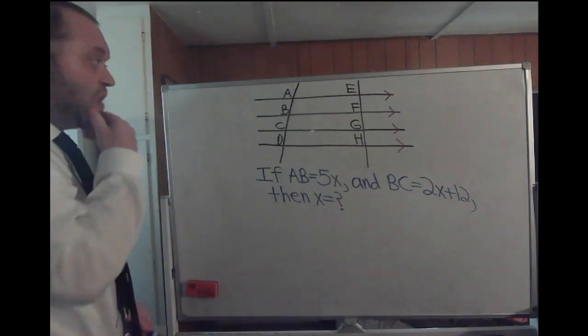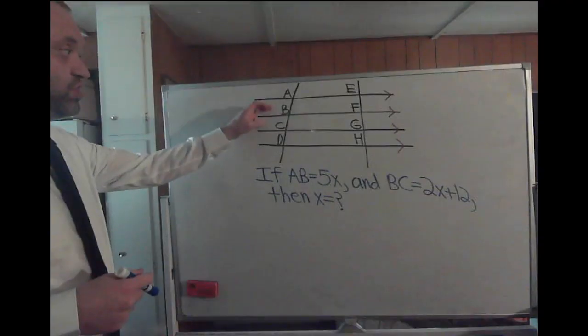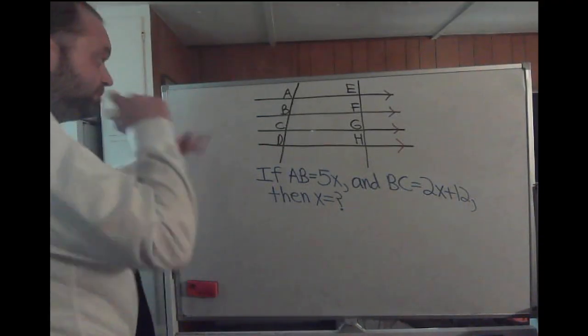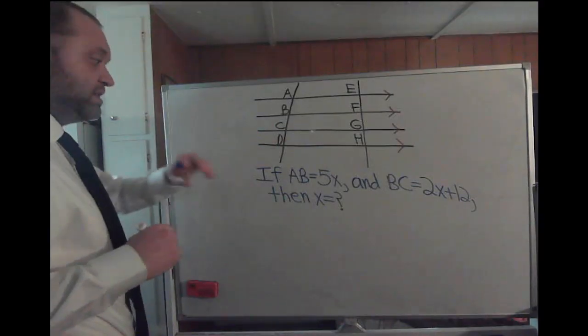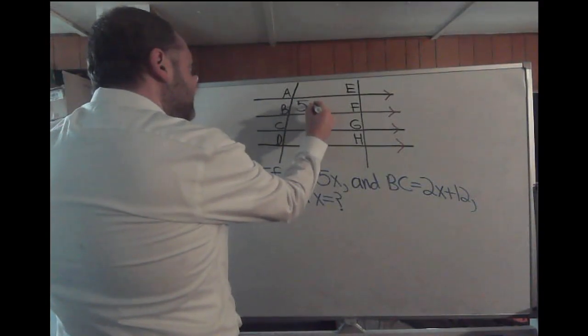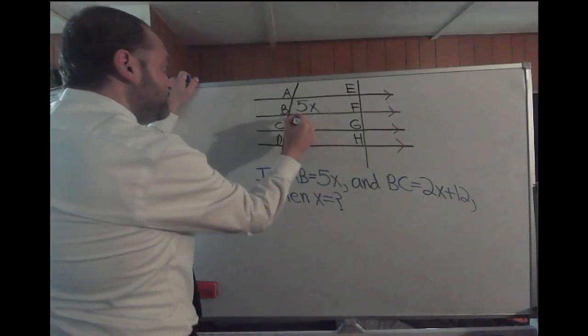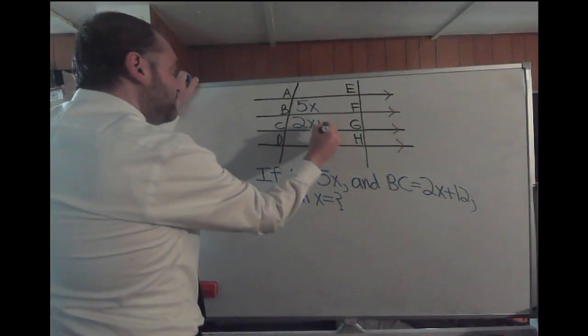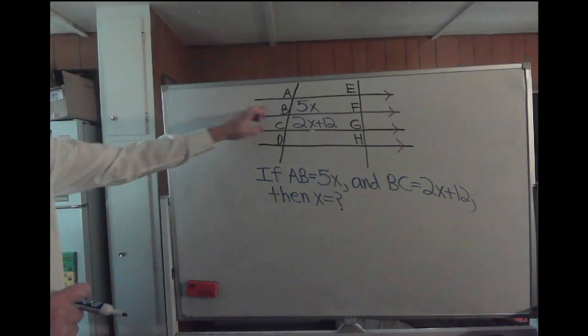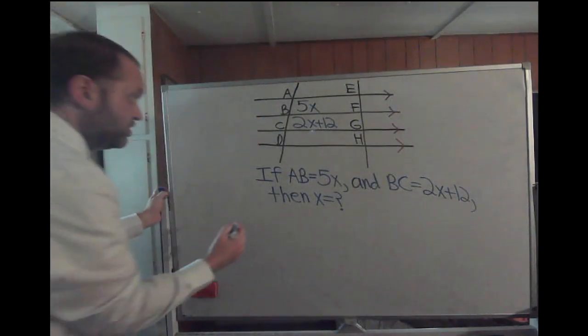Well, something to know here. Again, each of these transversals are cut into congruent segments, right? These parallel lines cut congruent segments on each transversal. So AB, that's 5x. BC is 2x plus 12. Okay, so we know that congruent segments means that they're equal to each other.